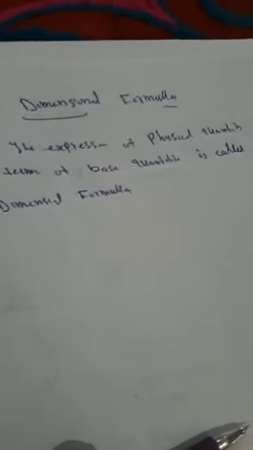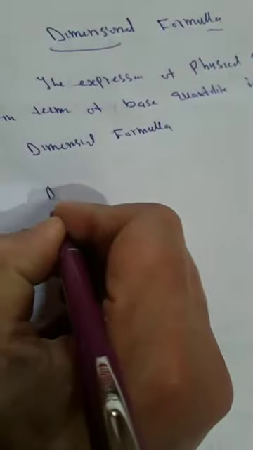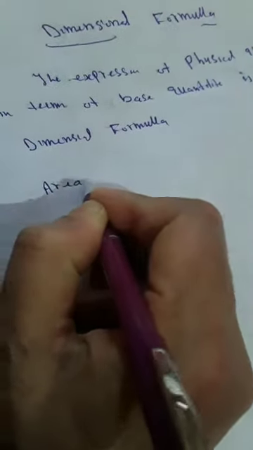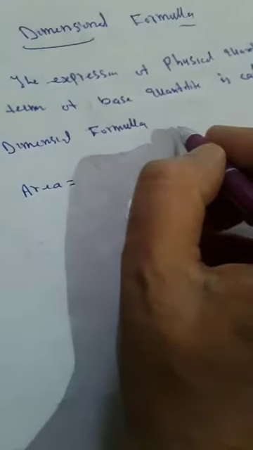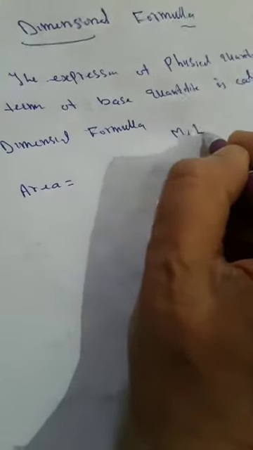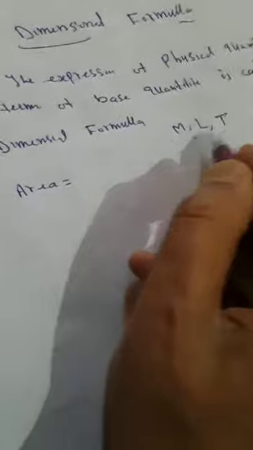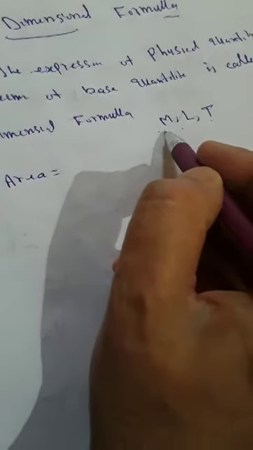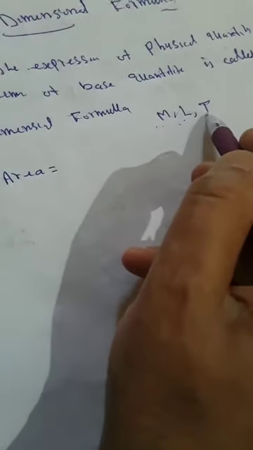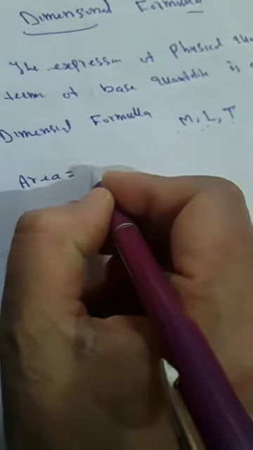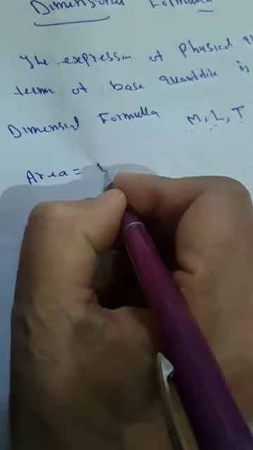Suppose I take a simple physical quantity, area. Area is also a physical quantity. Usually we have to express it in terms of mass, length, and time: M, L, and T. M stands for mass, L stands for length, T stands for time. Area is equal to length into breadth.